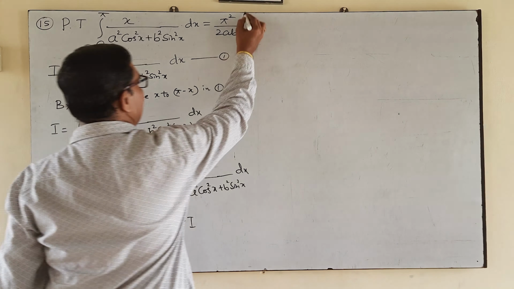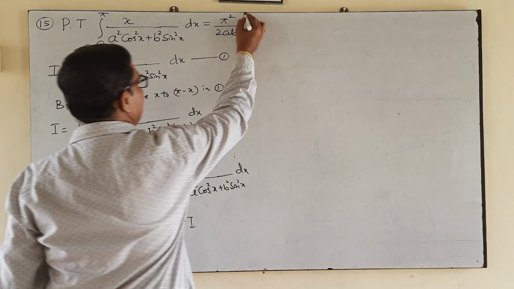Now here, pi into integral from 0 to pi 1 divided by, in the denominator take cos square x common, means divide by cos square x. See what happened? If we take cos square x common, what happens? a square plus b square sin square x by cos square x can be written.